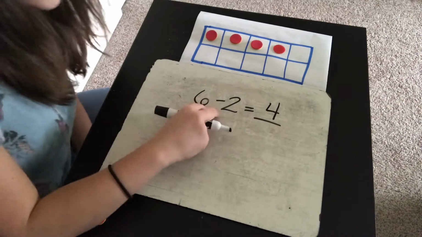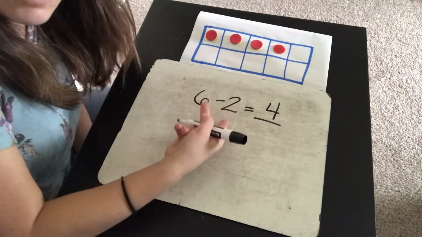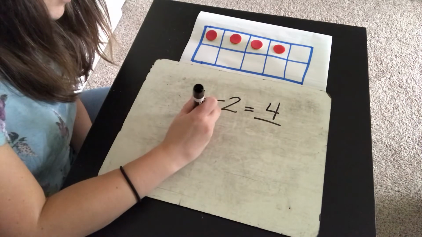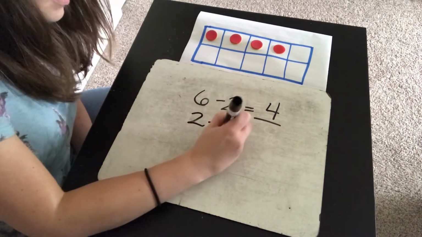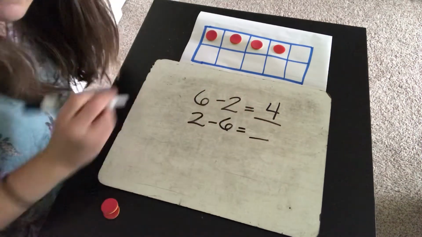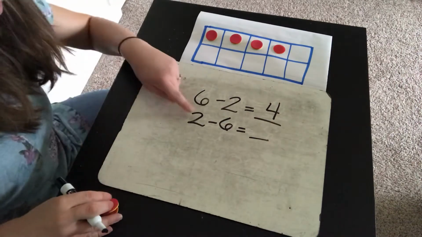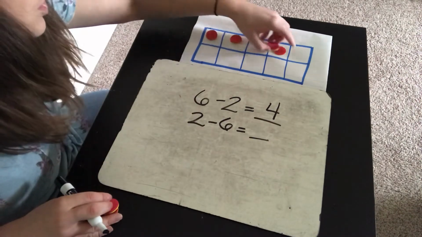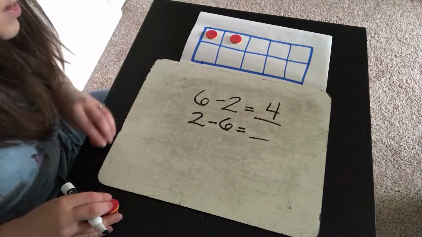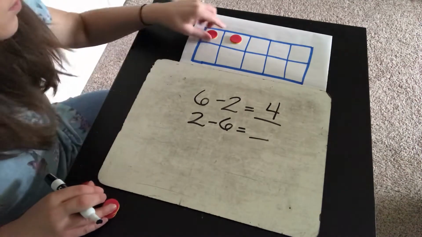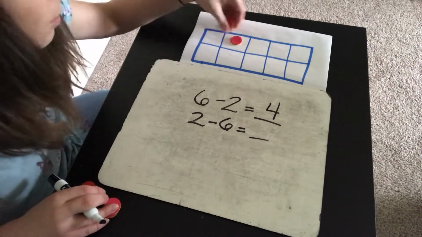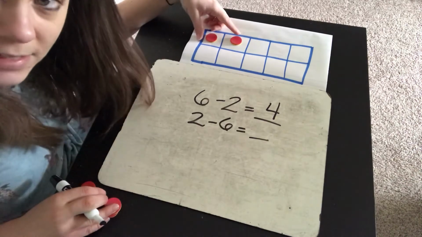Alright, if I tried to do the commutative property with subtraction and flipped it to be this, am I still going to get 4 for my answer? Well, this is saying I'm starting with 2 and I need to take 6 away. 1, 2, uh-oh. Is there enough for me to take 6 away here?